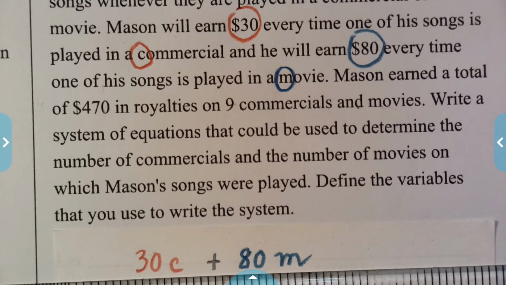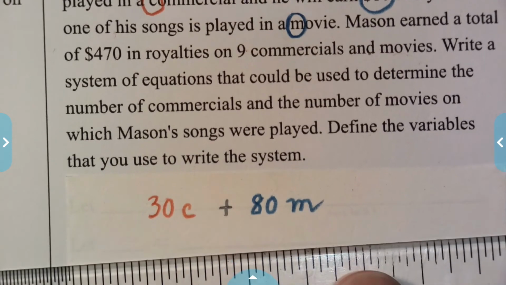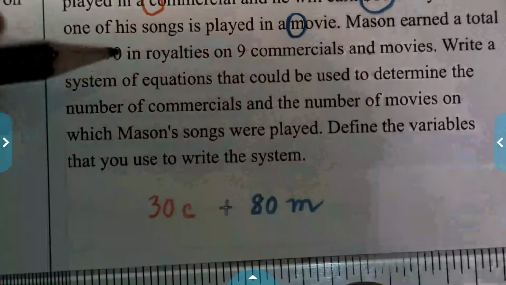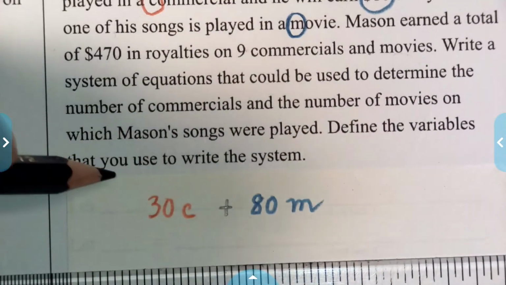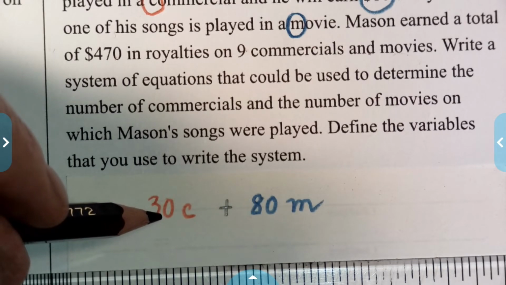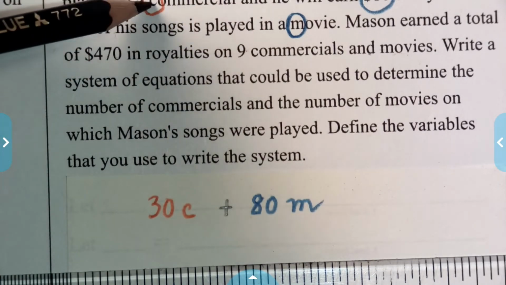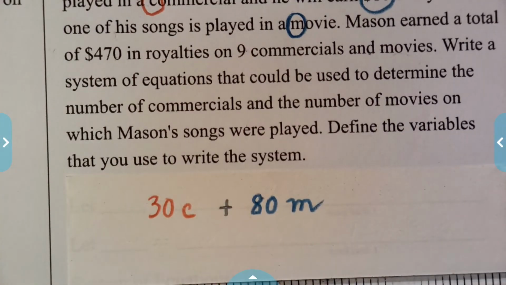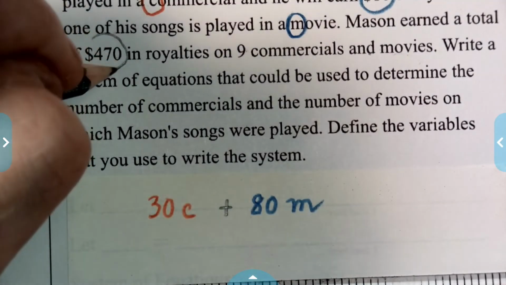And then I've got to figure out what this equals for a second. But we can say, yeah, 30C. Okay, so that's it. So 30C plus 80M equals $470. Okay.